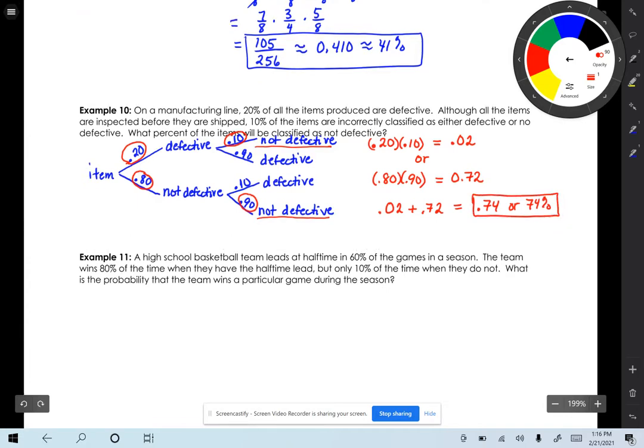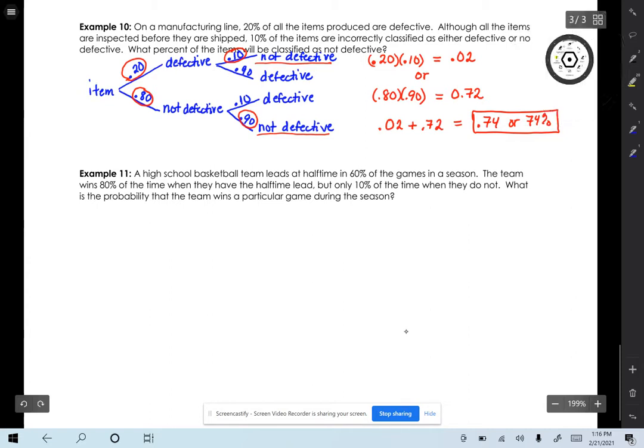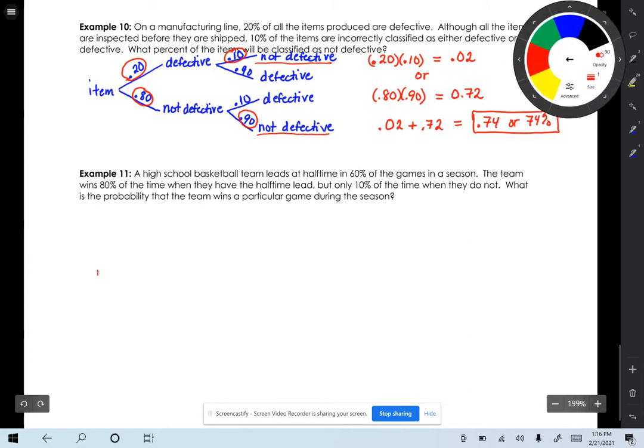Okay, and in our last example, a high school basketball team leads at halftime in 60% of the games in a season. So let's stop right there. So here's a high school basketball team. I'm going to do that over here somewhere, so I'm not running out of room all the time.